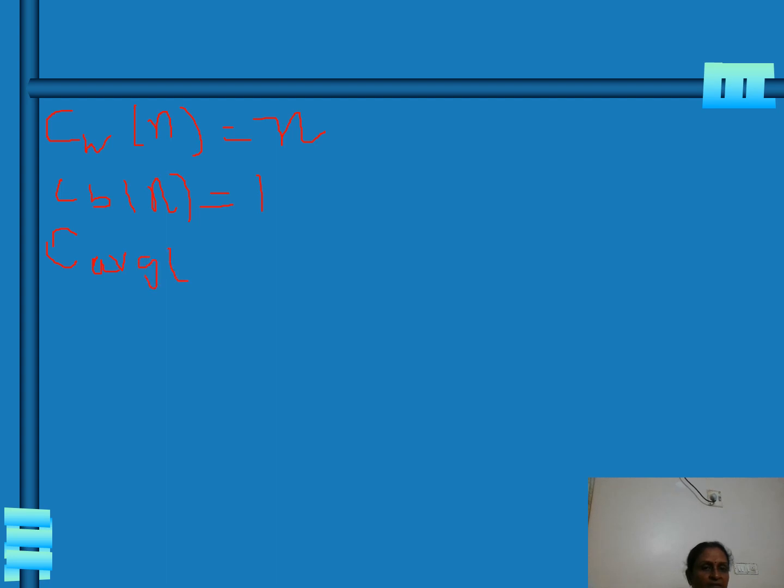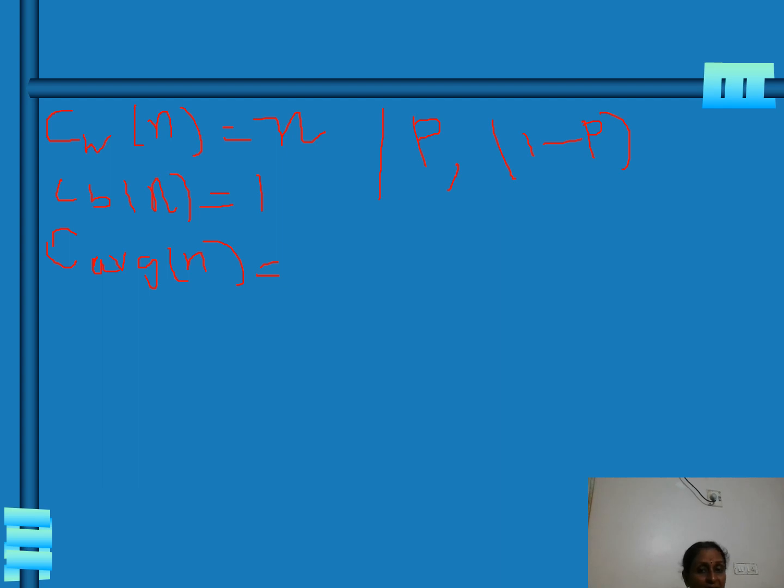It is not always true that you simply take n plus 1 by 2; that holds only for one particular case. We assume that the probability of a successful search is p and the probability of an unsuccessful search is 1 minus p.